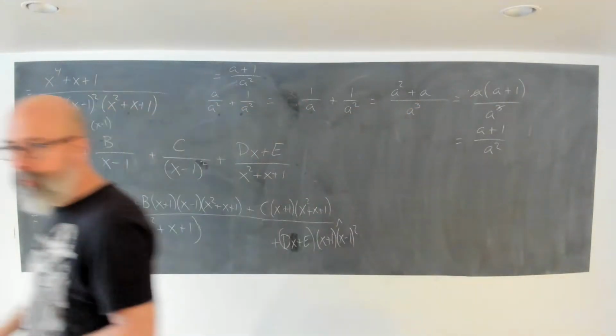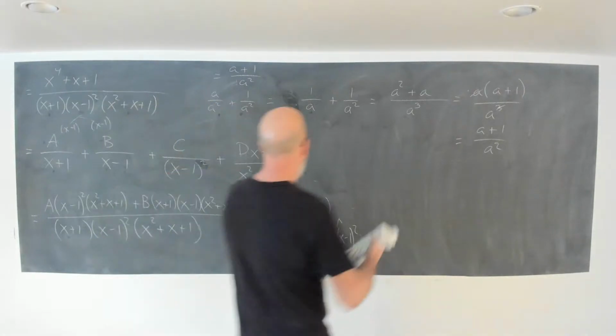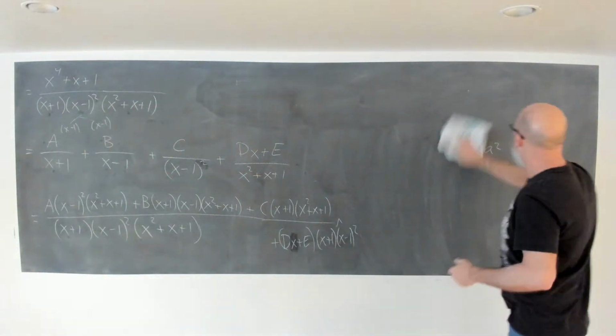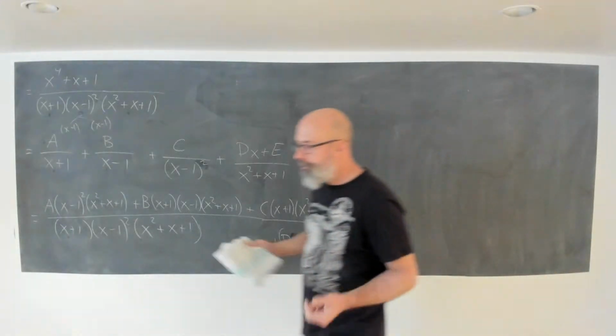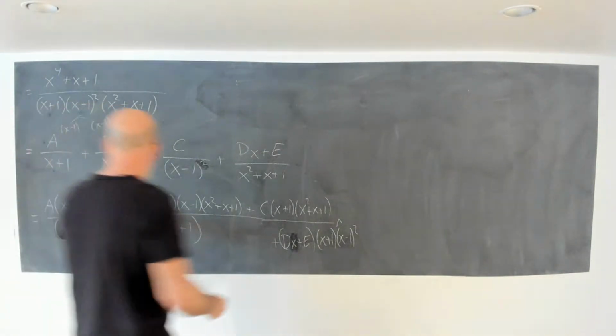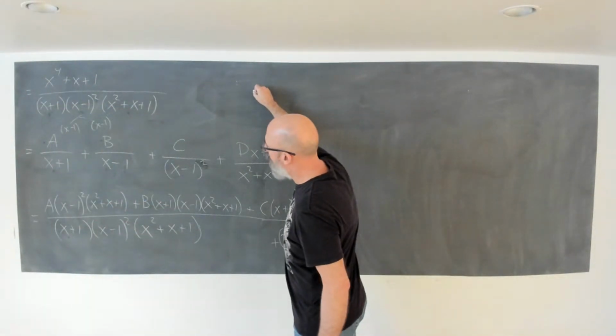Well, so people don't seem to understand how we would go about finishing that up. Why don't we, I don't know that we want to do it, but let's do it. So we would equate the numerators.